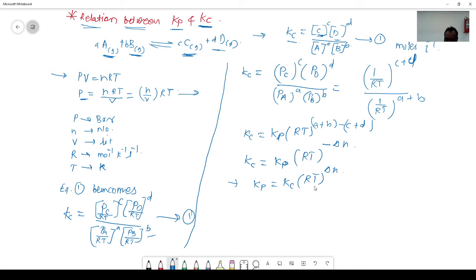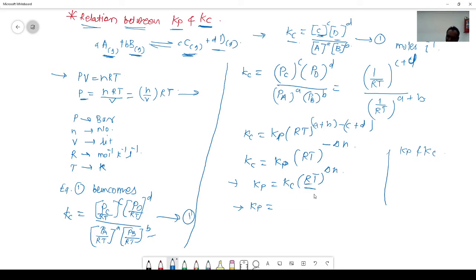Now this RT can be made a dimensionless quantity. We know that Kp and Kc are dimensionless.